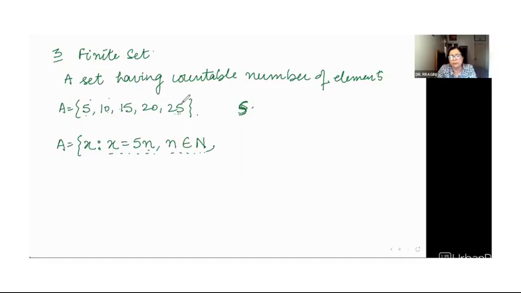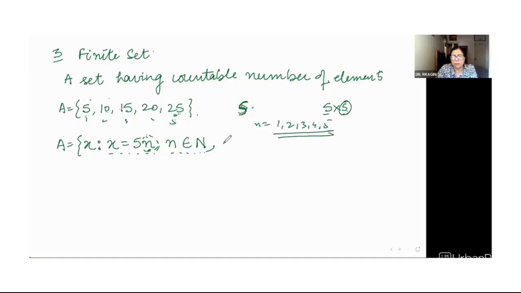It is the 5th multiple. So the value of N here is 5. To get 25, we have multiplied 5 by 5. So the value of small n, we start with 1 here, 1, 2, 3. So the value of n is moving from 1 to 5.